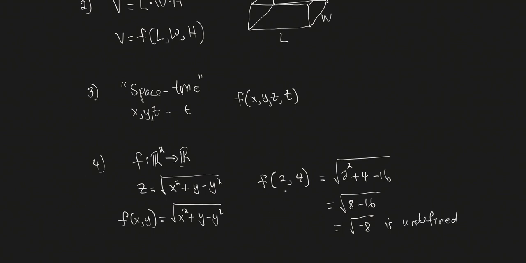So what that means is the ordered pair 2, 4 is not in the domain of this function. In a subsequent video, we're going to do a few more examples of domain, but I just wanted to show you that, as far as the algebra of these functions is concerned, it really is just a natural extension of what we've done before.